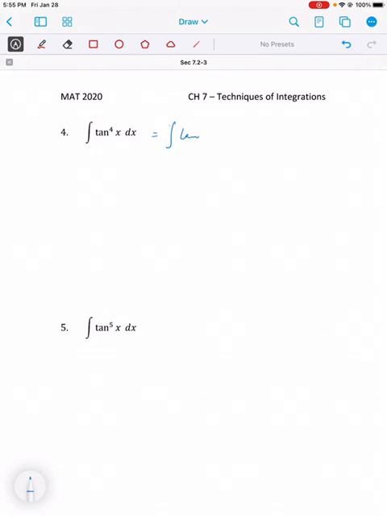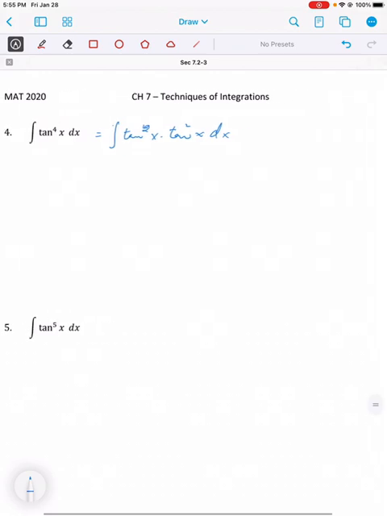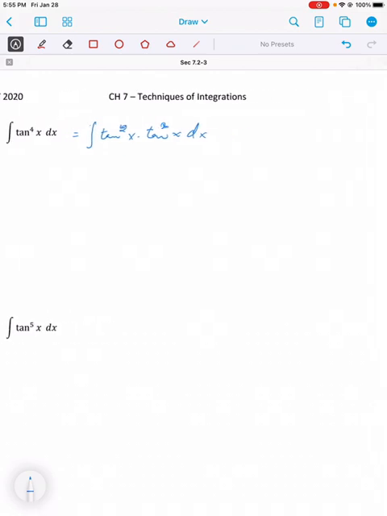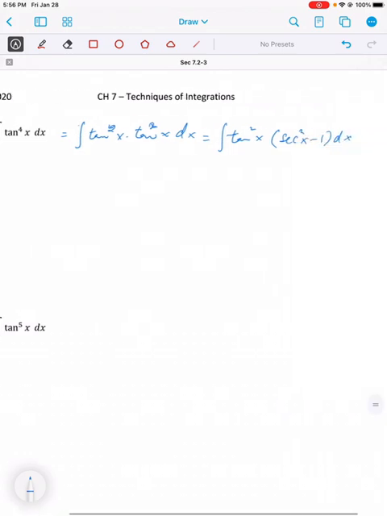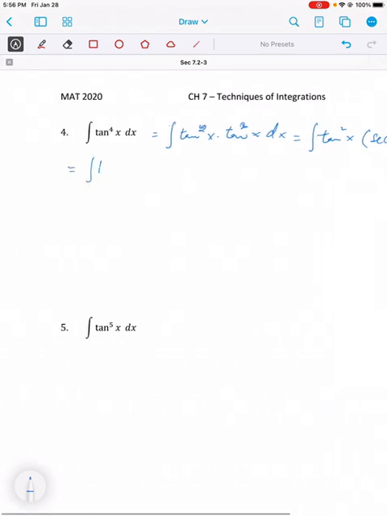So we have tangent 4 can be written as tangent square x times tangent square x dx, and we will now keep one of the tangent squares as it is, and the other one we will use the identity. Okay, we now distribute, so we get the integral of tangent square x secant square x dx minus the integral of tangent square x dx.